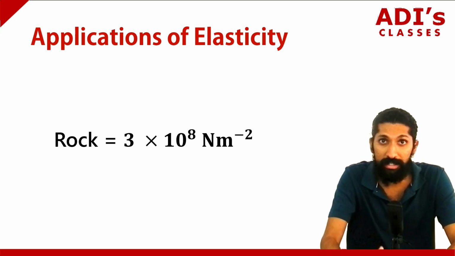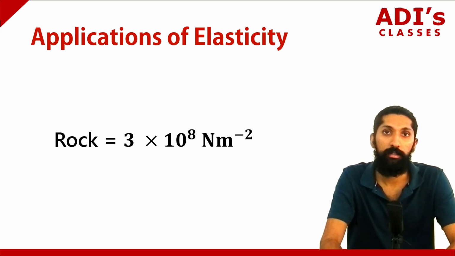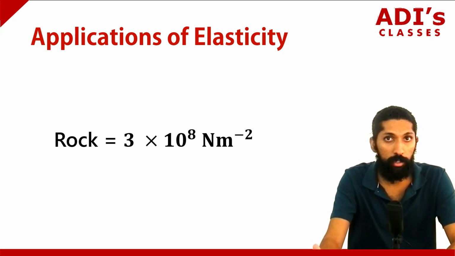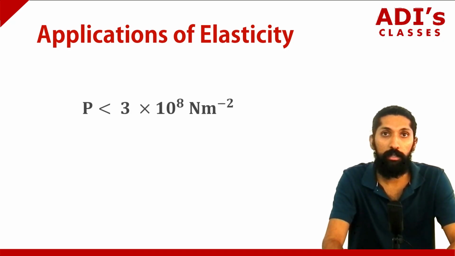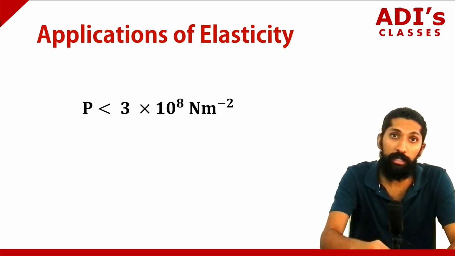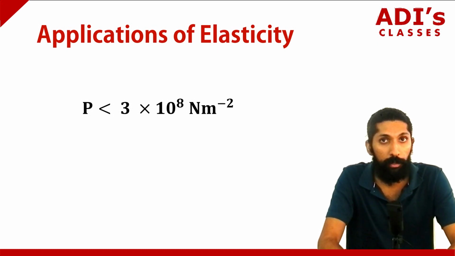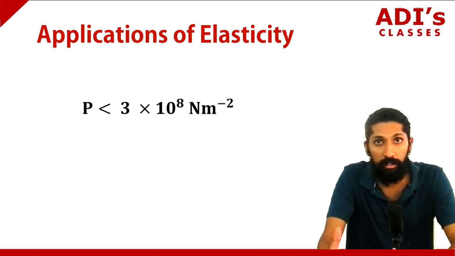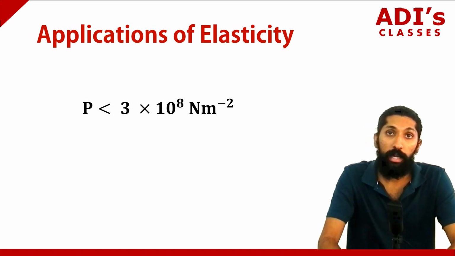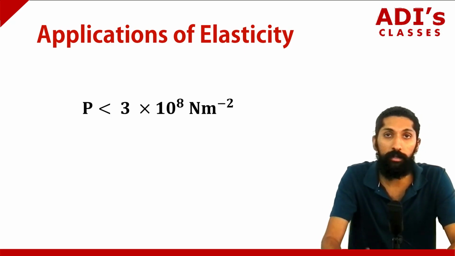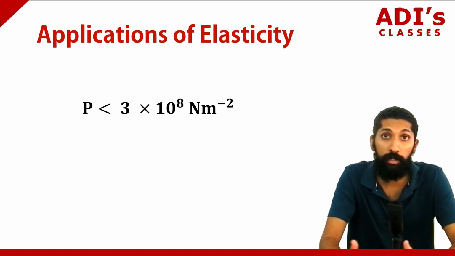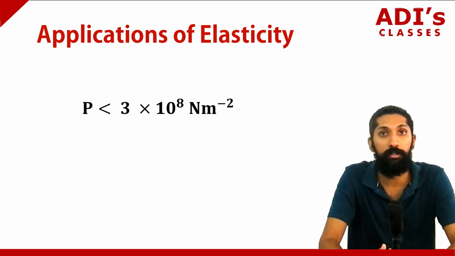This is the elastic limit, you can call it. If the elastic limit is 3 into 10 power 8, the pressure has to be less than this, because if the pressure becomes more than the elastic limit of a material, it will collapse under its own weight, correct? But mountains are very stable. They have been here for millions of years.